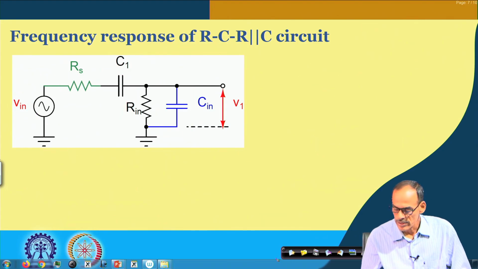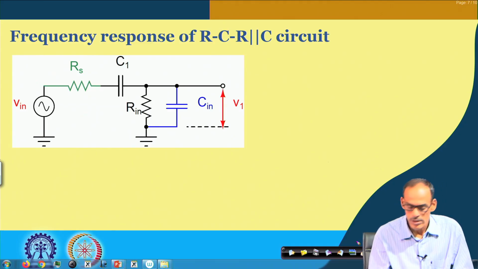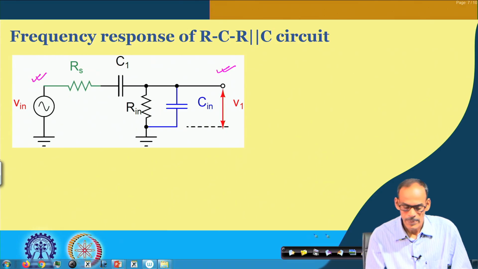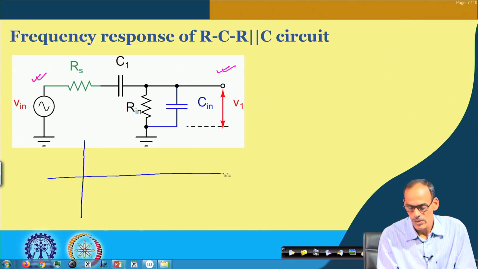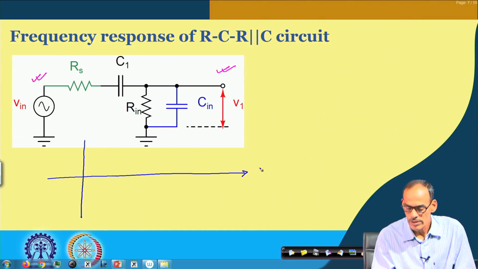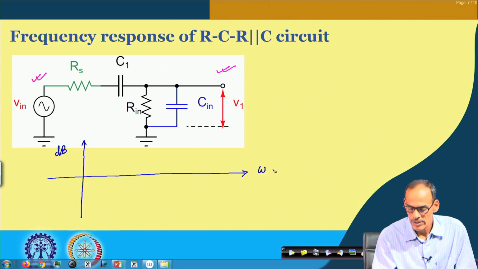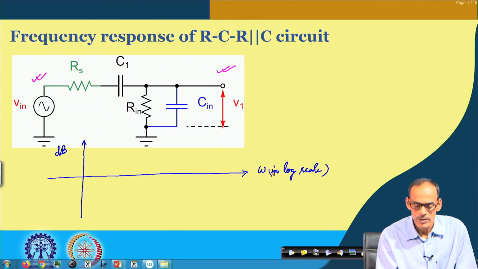So, in summary, the frequency response of this circuit, starting from this point to this point, is given by this. This is the frequency, maybe in radian per second, and then we have the gain in dB, in log scale, a typical Bode plot, right.